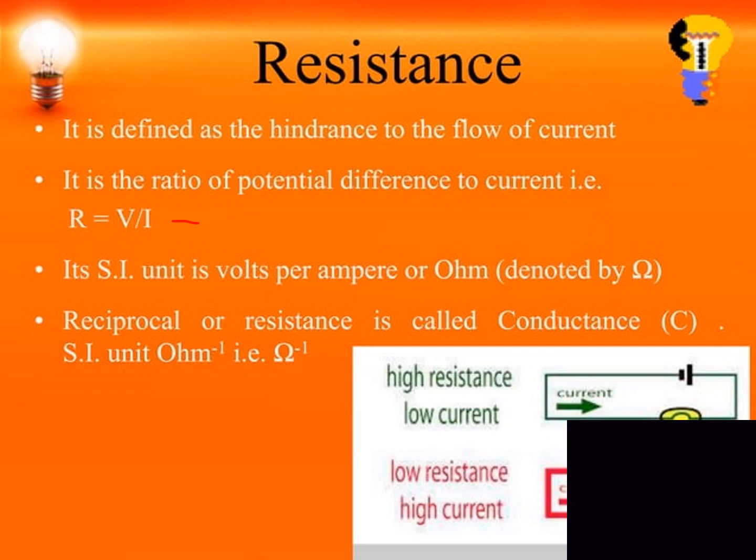We have R equals V by I. So I by V is called conductance. And it is measured in ohm inverse. The unit of resistance is ohm, and since this is the reverse, it is ohm inverse. Okay.